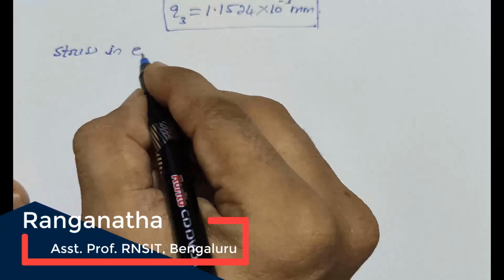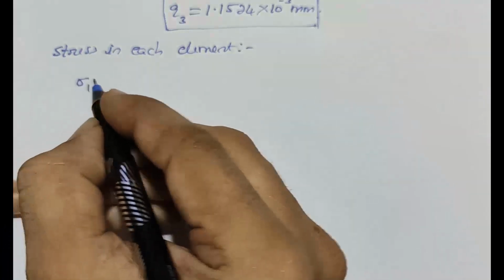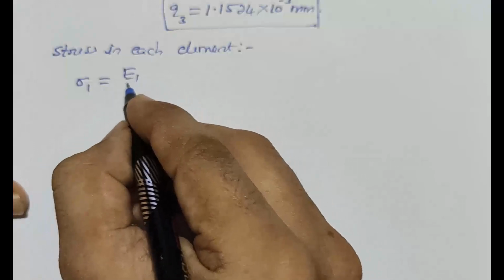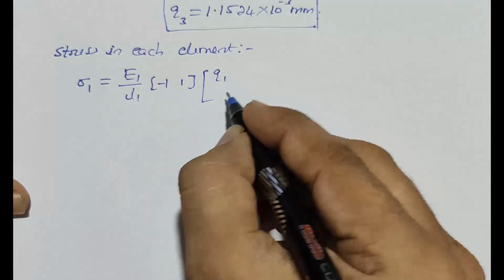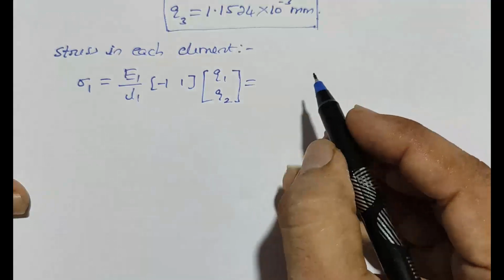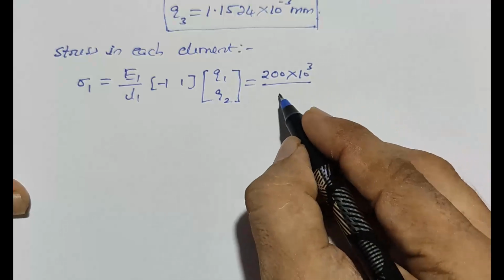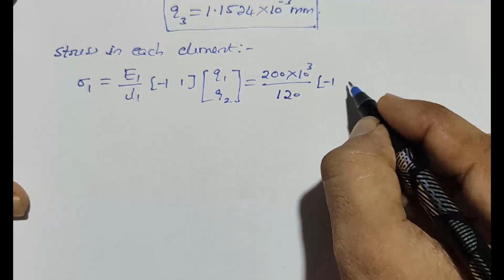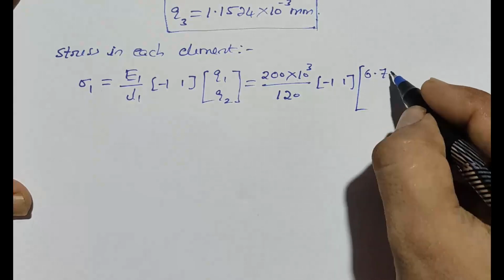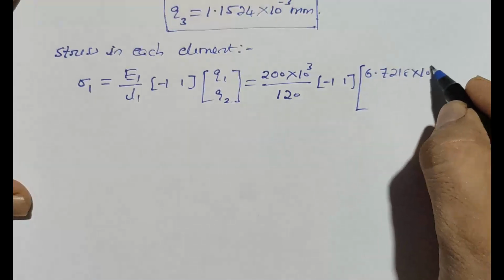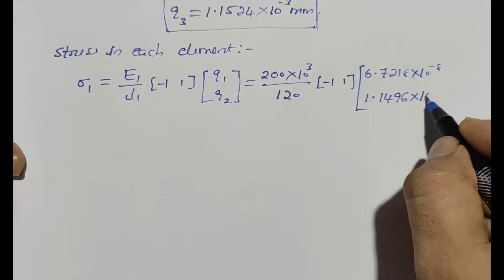Stress in each element. So sigma 1, stress in first element is E1 by L1 times minus 1, 1 times Q1, Q2, is equal to 200 into 10 power 3 Young's modulus divided by length 120, minus 1, 1, Q1 it is 6.7218 into 10 power minus 8, Q2 1.1496 into 10 power minus 3.